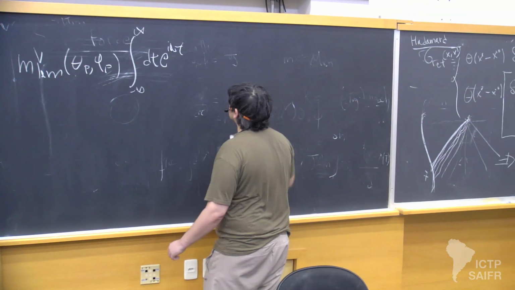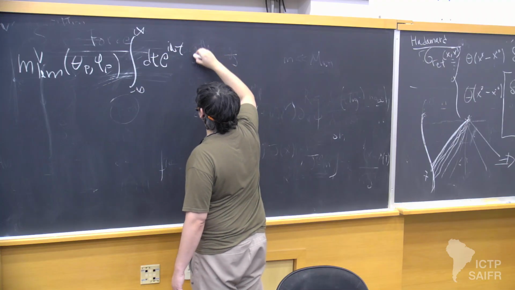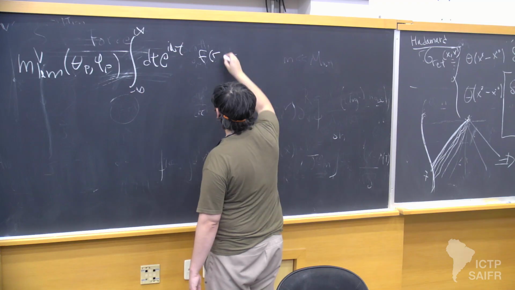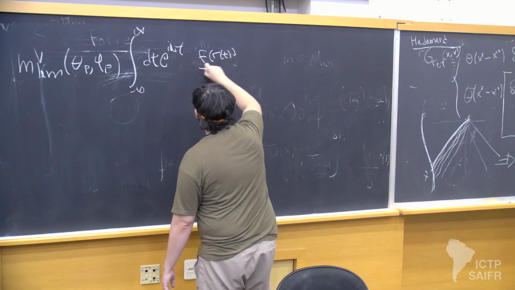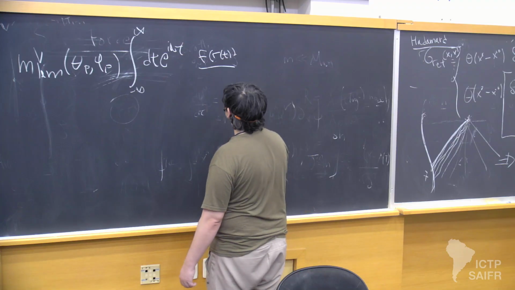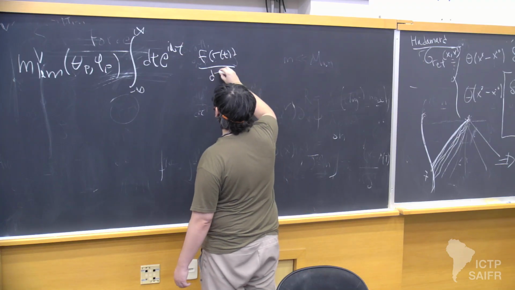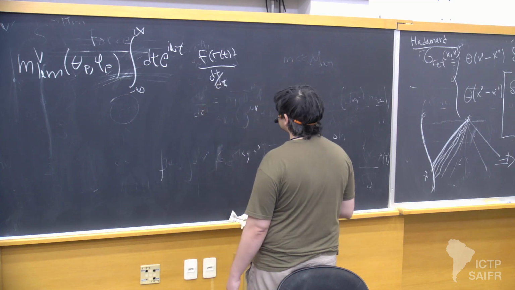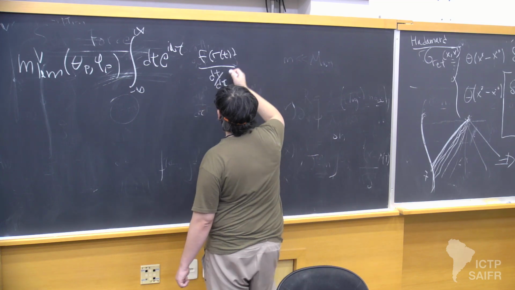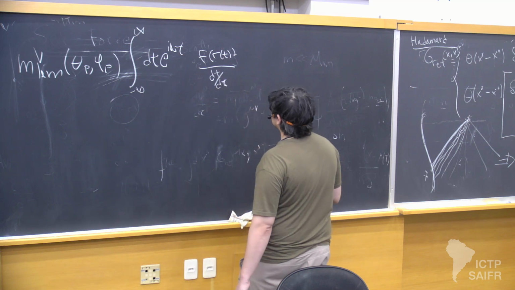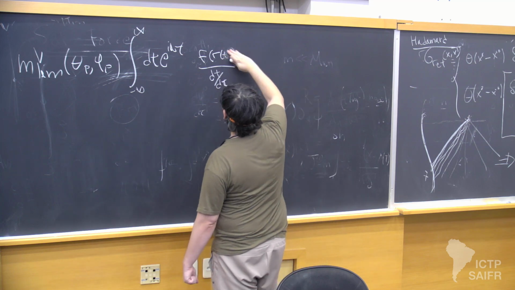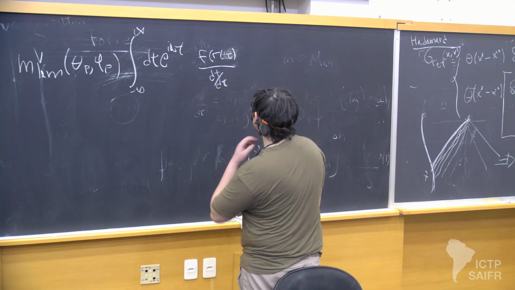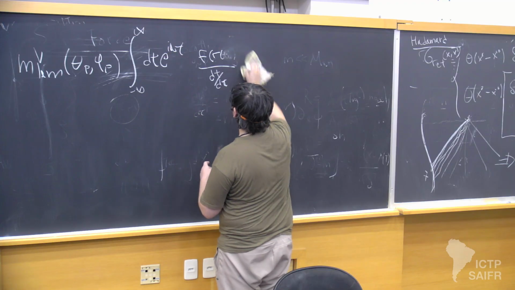And then I have the f of r t, then I have the tau, which is a function of, sorry guys, one second. Okay, so this is r(t).